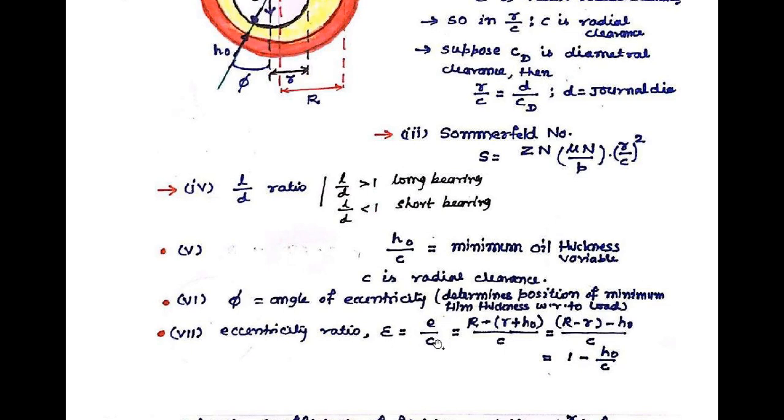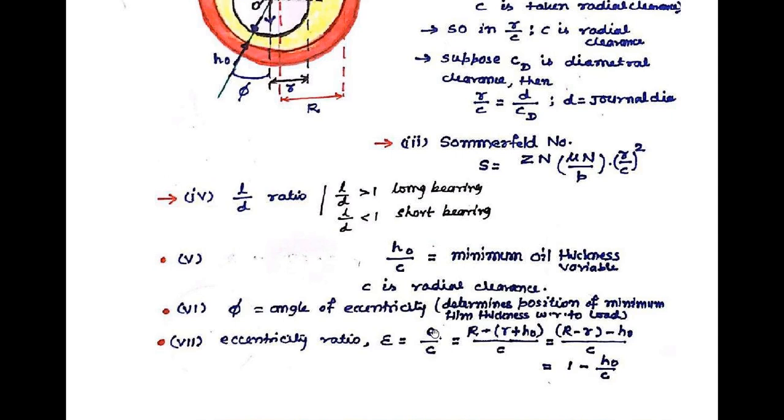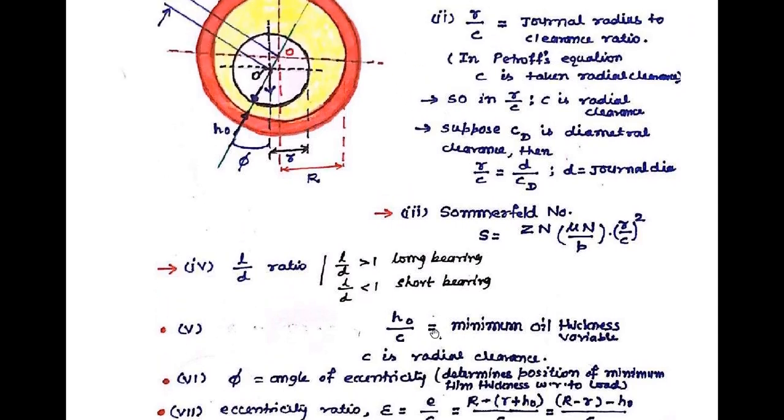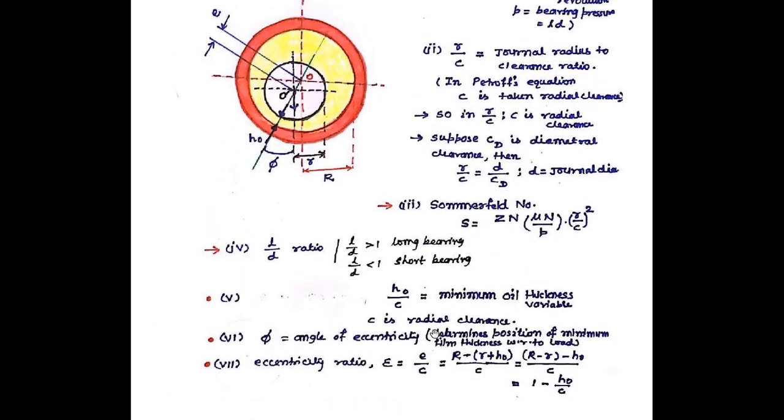Eccentricity ratio epsilon is defined by E upon C. Eccentricity can be written as, look here, this is the eccentricity E. This E can be written as R minus r minus H0, because from O, the center of bearing, the whole distance is capital R. If you subtract small r and H0 from the capital R, it gives the eccentricity E. This distance is the E.